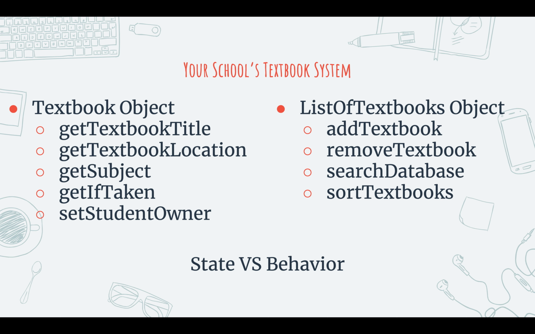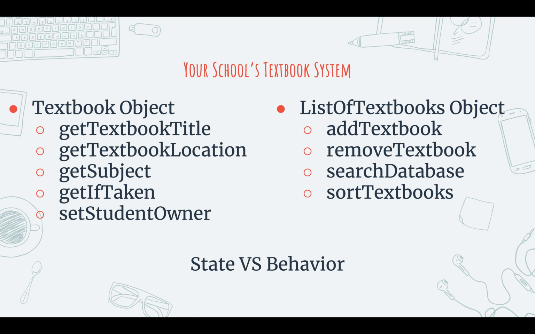Check whether or not a student has checked it out or has been using it for this semester, or it's free. And then if it is taken, maybe we should set a student owner, so that the textbook object has multiple behaviors or multiple ways of accessing its instance variables.